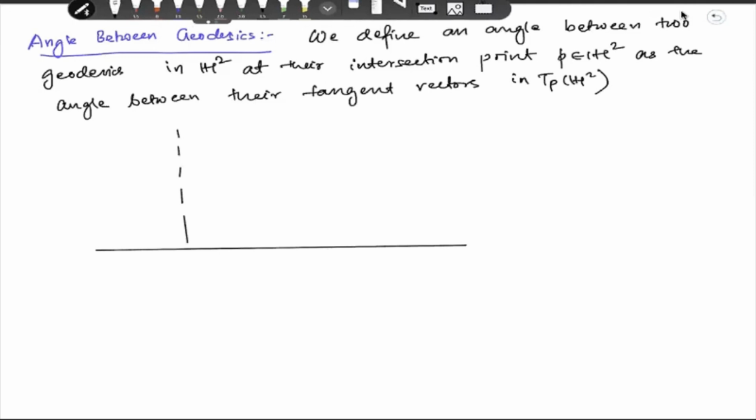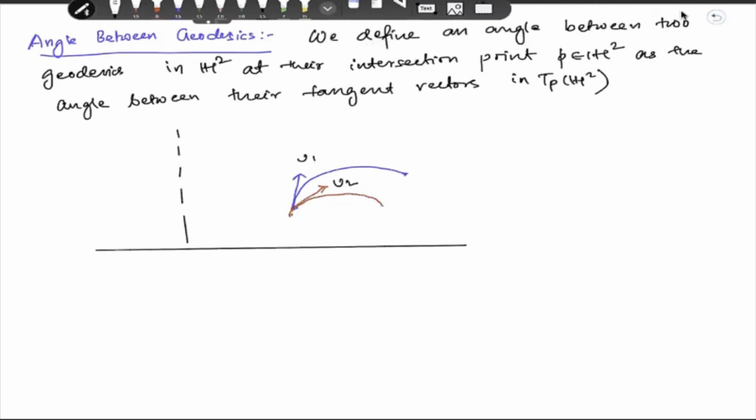So this is my upper half plane. Now if I take two geodesics, this is a part of a geodesic, and if I take another geodesic like this, we can have tangent vectors with respect to this blue geodesic, and also this tangent vector with respect to this red geodesic. Suppose this is my V1 and my V2.